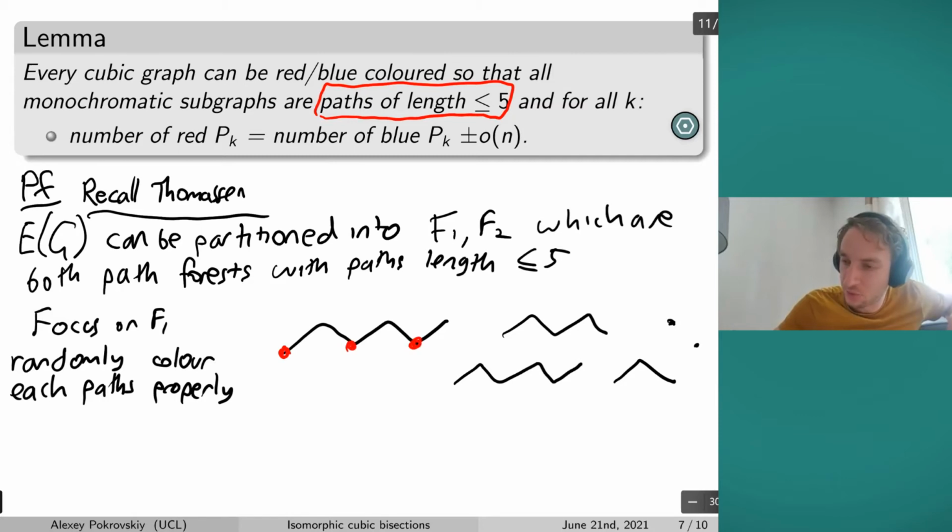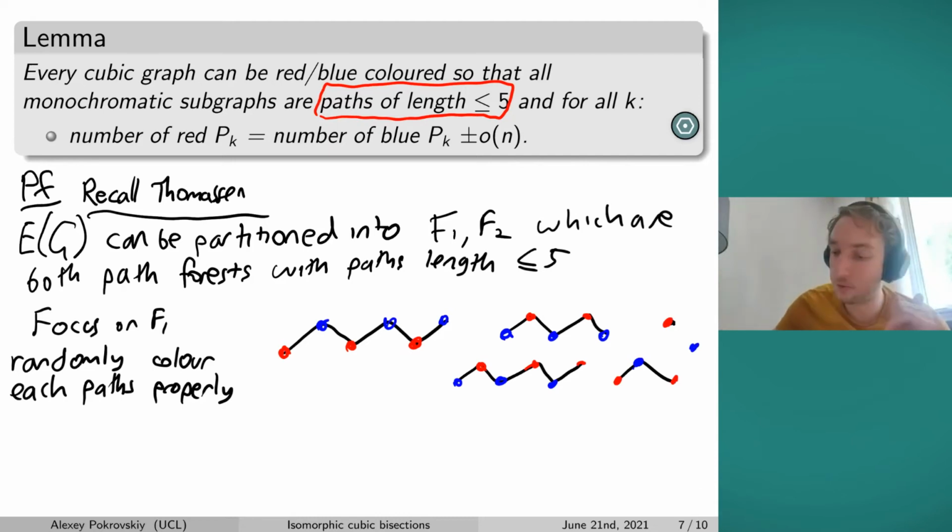So maybe this path gets colored like this, this one gets colored like this, and so on. So each path has exactly 2 proper colorings, right? Because it's a connected bipartite graph, and you pick one of them at random. Okay, so this is the coloring we'll use for this lemma.